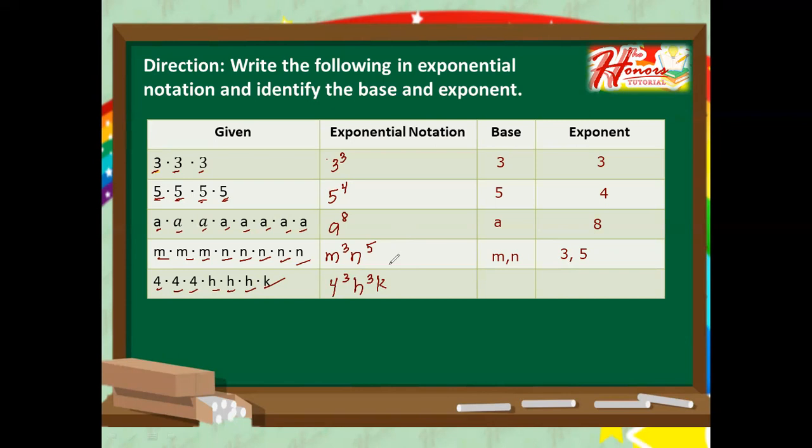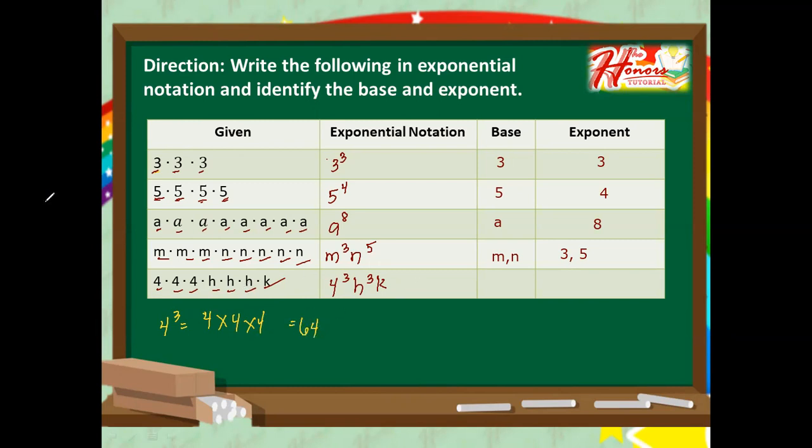But this is not the final answer yet. Kindly simplify 4 raised to 3. 4 raised to 3 means this. 4 raised to 3 is not 4 times 3. Please don't do it. It is 4 times 4 times 4. 4 times 4 is 16 times 4, that's 64.